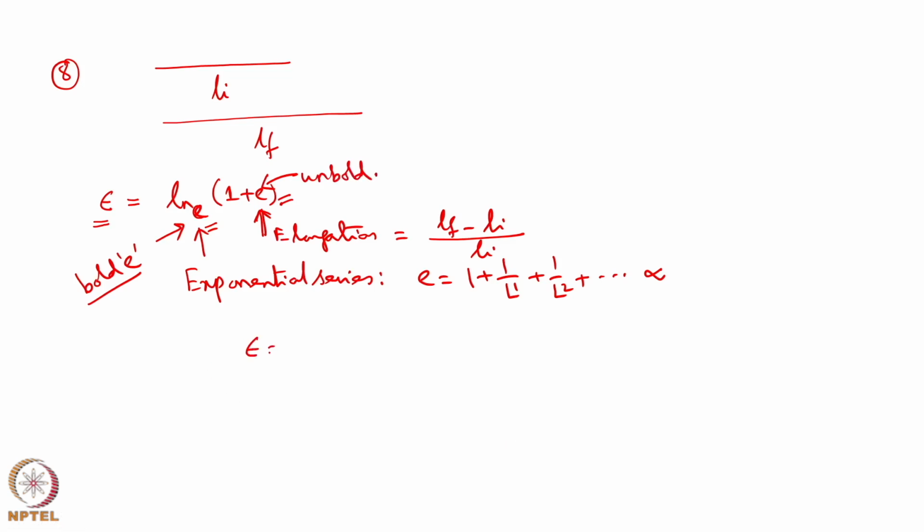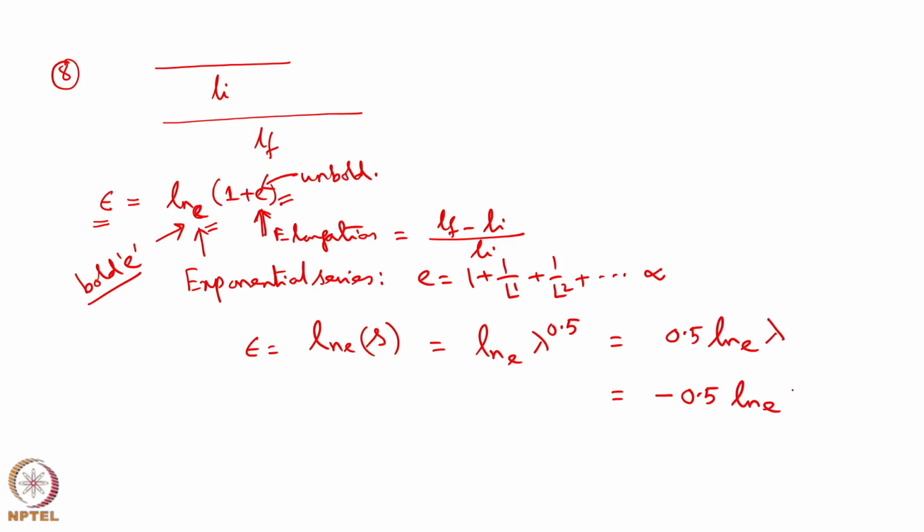We can also write epsilon is equal to log to the base e stretch, which is the same as log to the base e lambda to the power 0.5, which is the same as 0.5 log to the base e lambda, which is the same as minus 0.5 log to the base e lambda dash.